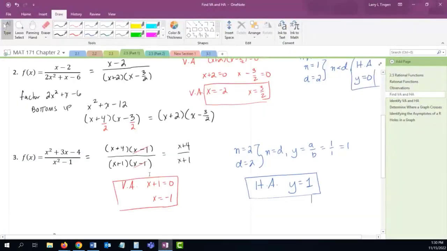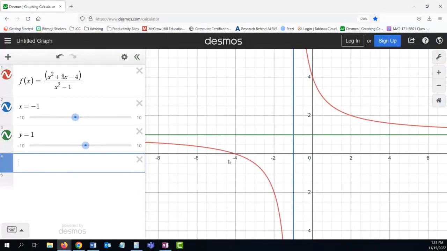Now, in the notes, we said there's going to be a hole when x minus 1 equals 0, right? And it's from this division right here. So that is when x is 1. When x is 1, I'm supposed to have a hole. Do I have that on my graph? Well, let's find out. When x is 1, what is f of x? It's undefined.